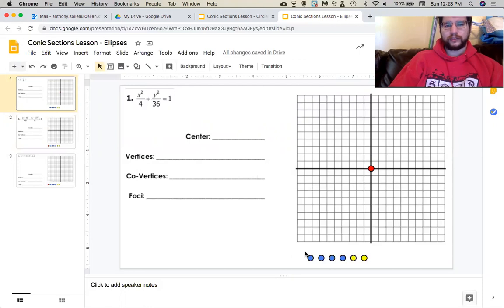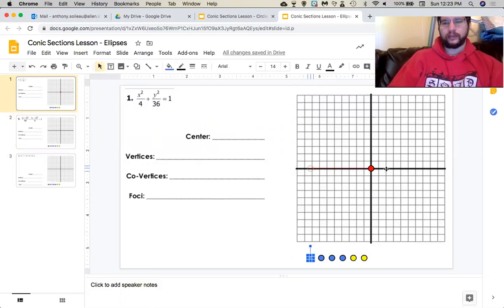Now I'm going to do my vertices. So on the X, I'm going to go 2 units away. So that's what B is. Close enough. And put this one over here. Then my major axis is 12 units long, so 6 and 6 from my center. A is 6, so I'm going to go 6 units away.